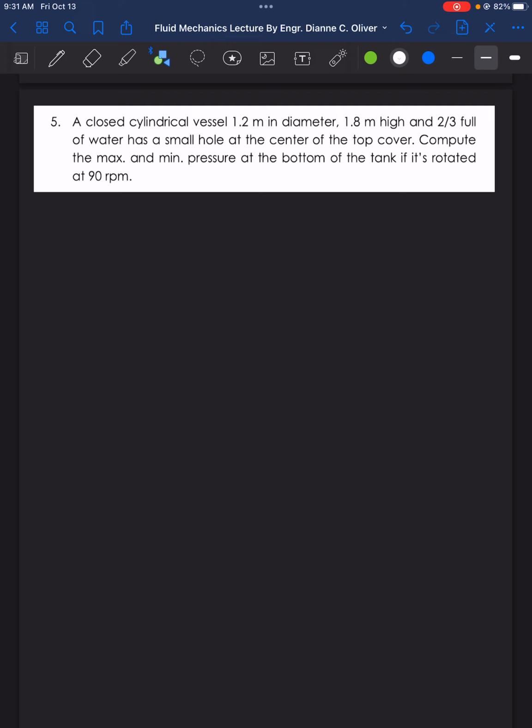A closed cylindrical vessel, 1.2 meter in diameter, 1.8 meter high, and two-thirds full of water has a small hole at the center of the top cover. Compute the maximum and minimum pressure at the bottom of the tank if it's rotated at 90 RPM. So again, this is a closed cylindrical vessel.